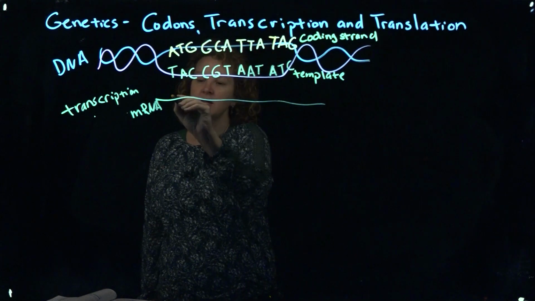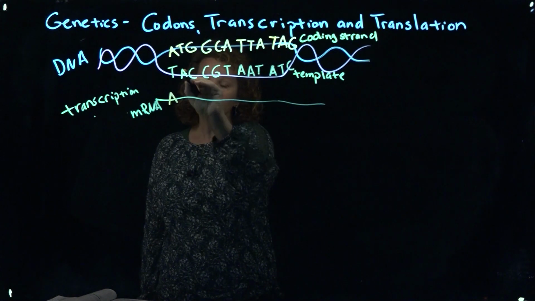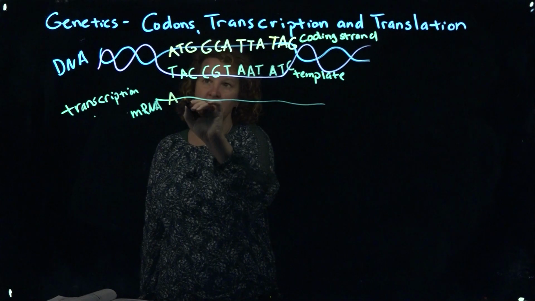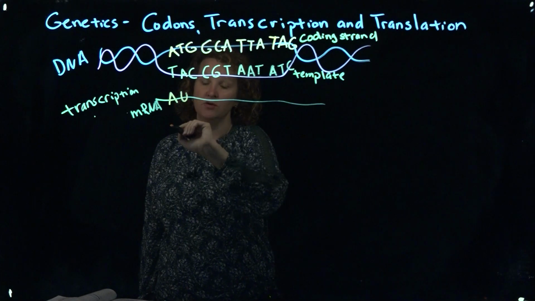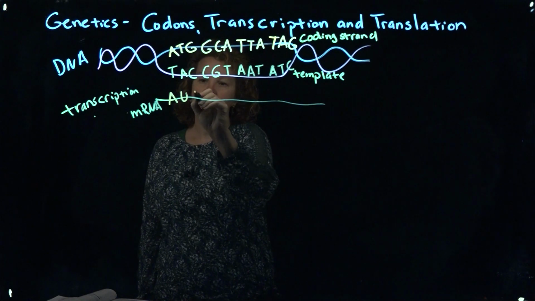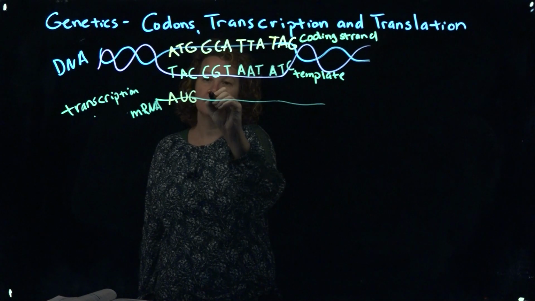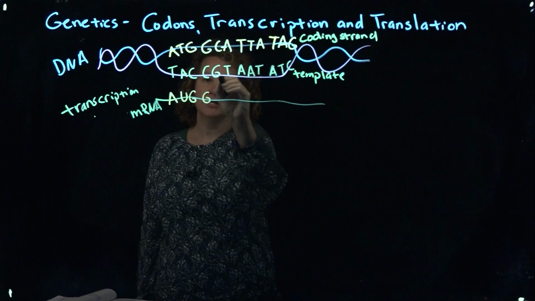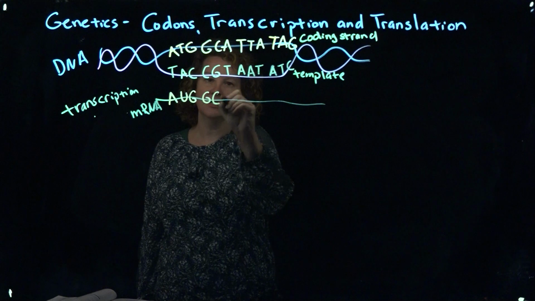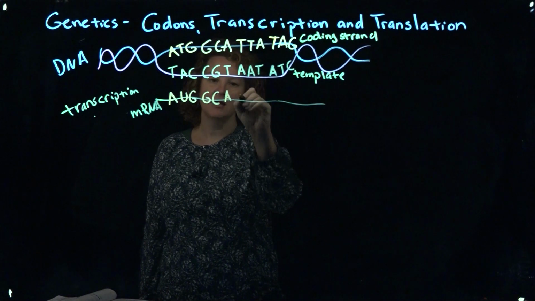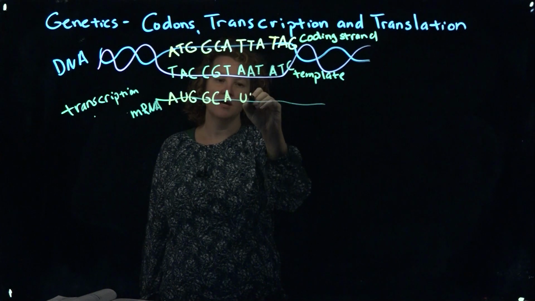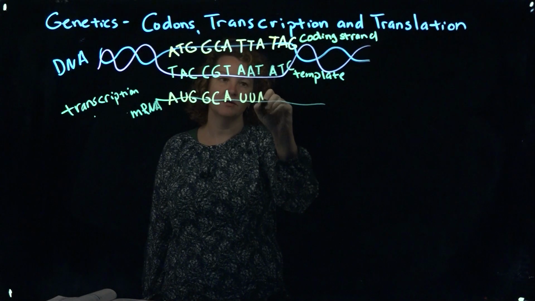So if I see thymine, that still goes with adenine. And when I see adenine, instead of writing a T there, I would write a U, the uracil. C pairs with G, C pairs with G, G pairs with C, T pairs with A, A pairs with U, A pairs with U, and so on and so forth.